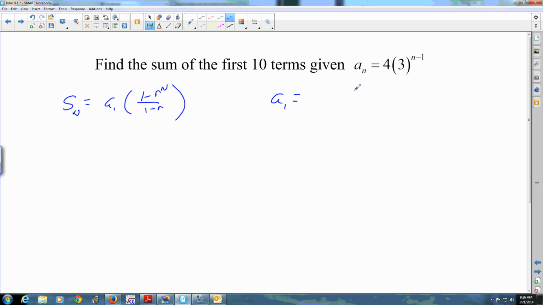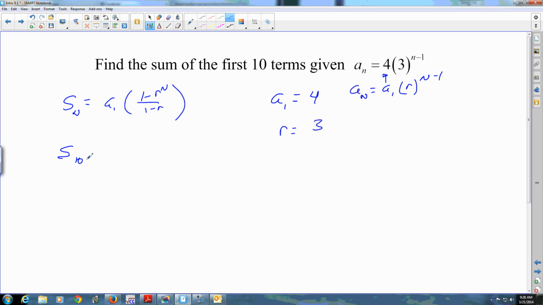Looking at this, the explicit pattern for a geometric sequence is this. So a sub 1 is the first term, right there. So r is equal to 3. I need a sub 1 and I need r in order to do this formula.